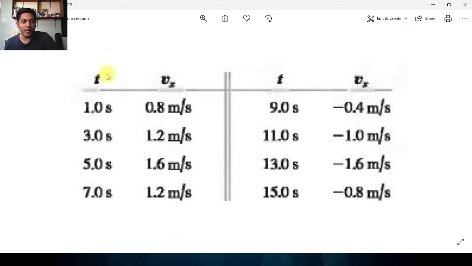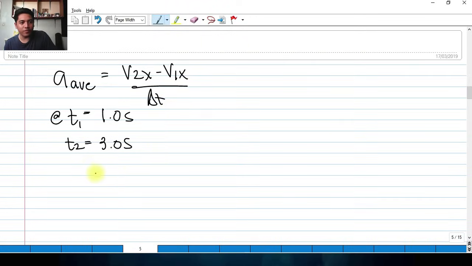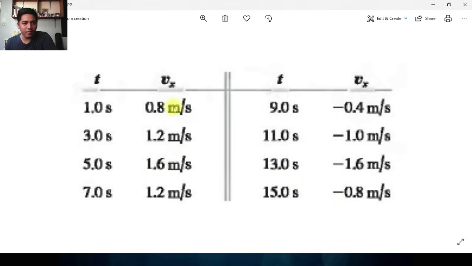Taking t2 as 3 seconds and t1 as 1 second, a ave is simply 1.2 meters per second minus 0.8, because that is the velocity of the astronaut at time equals 1 second.